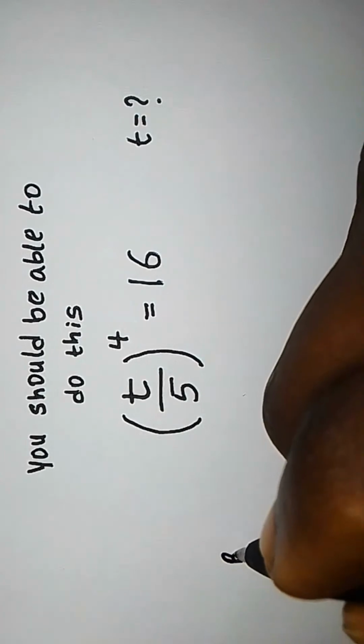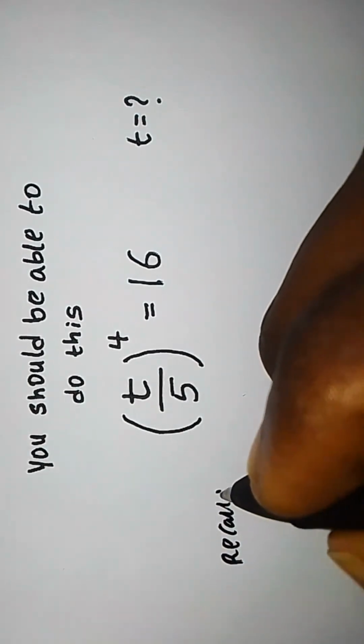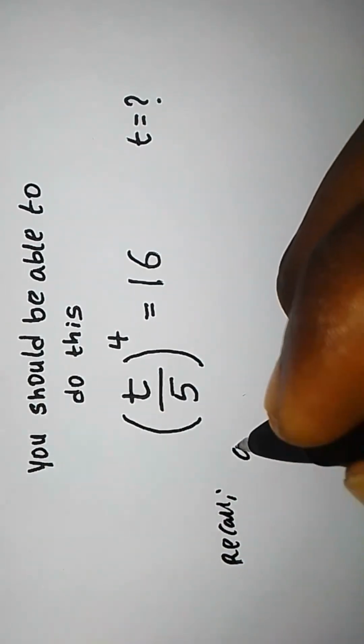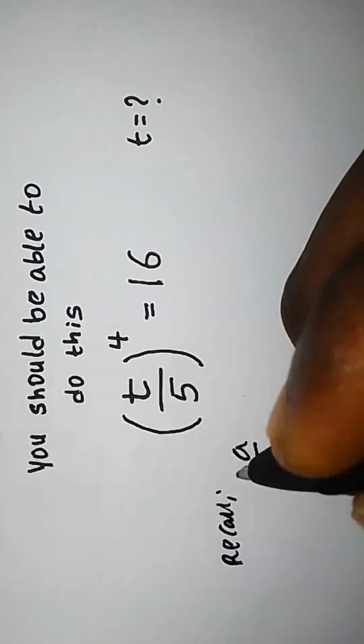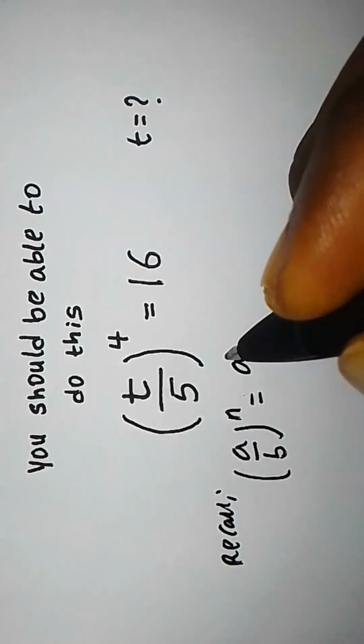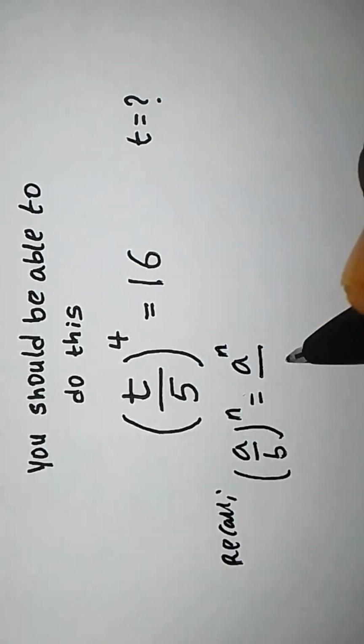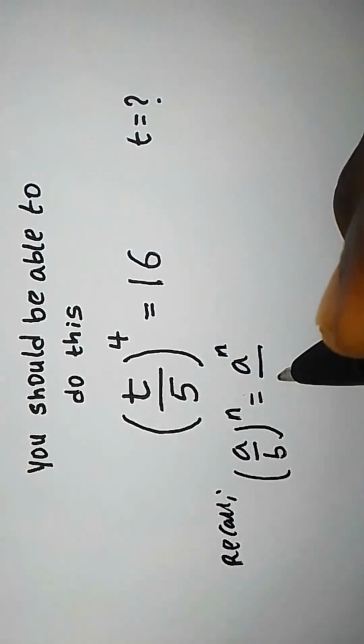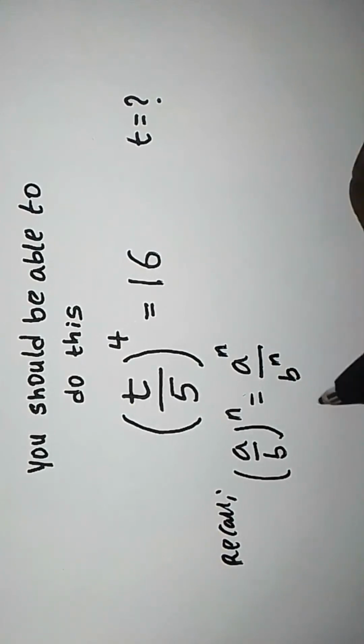First, recall that (a/b)^n is equal to a^n divided by b^n.